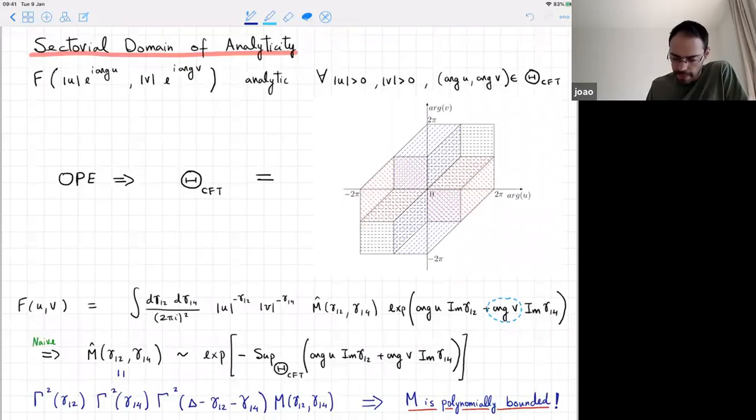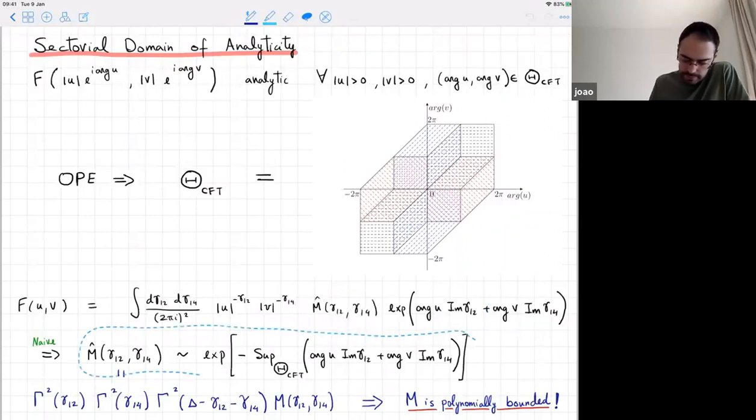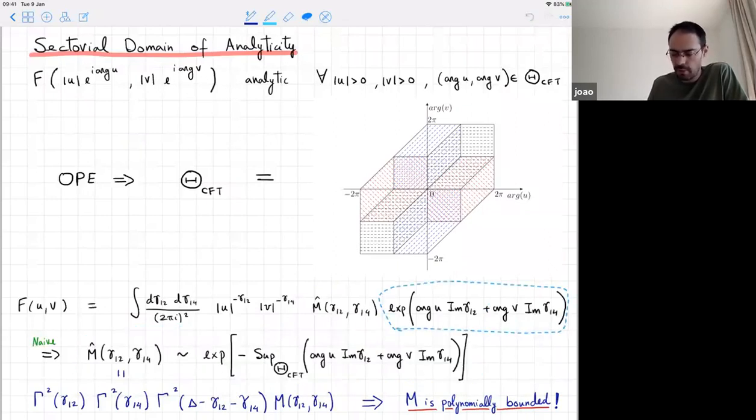So if you want this representation to be valid and obtain this analyticity in this sectorial domain, better be that this Mellin amplitude, or this M hat, is exponentially suppressed like this supremum. So this just means that this exponential suppression is sufficiently strong to beat this exponential growth for any arg-U, arg-V inside this region.